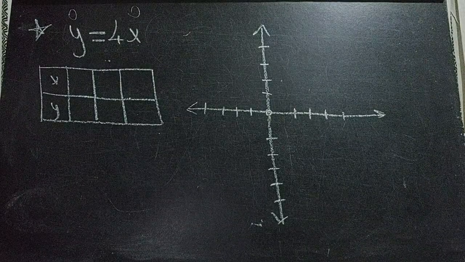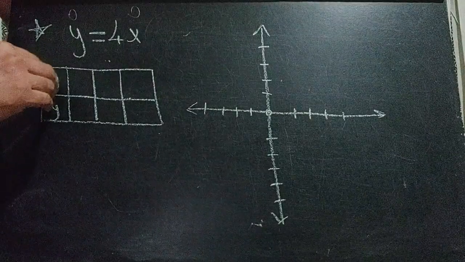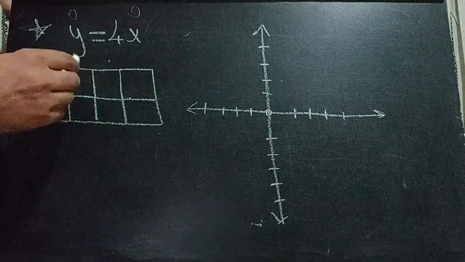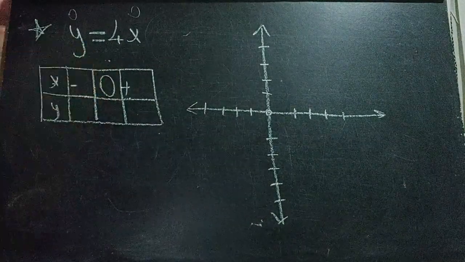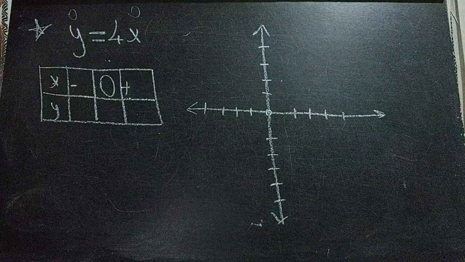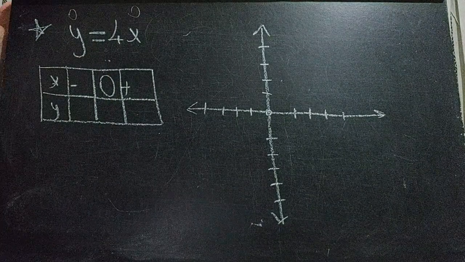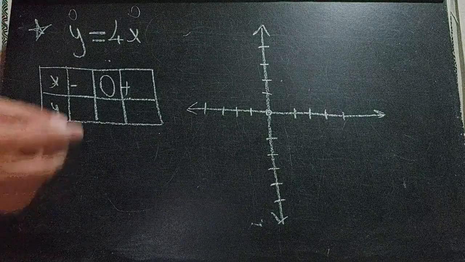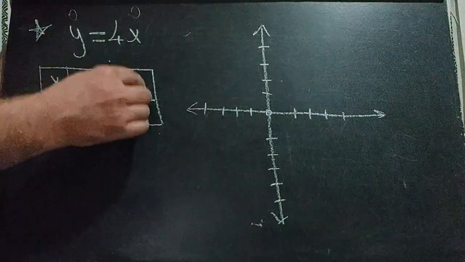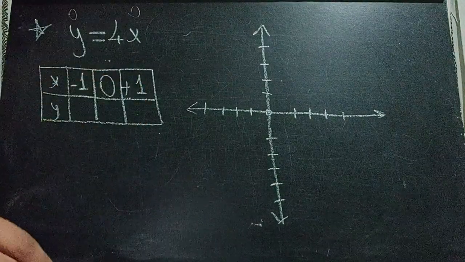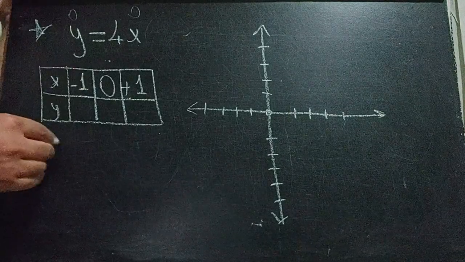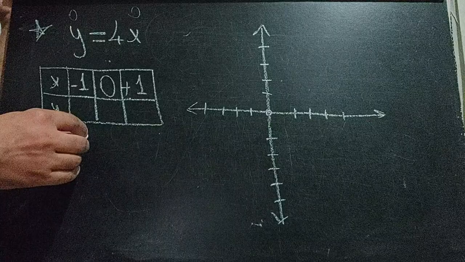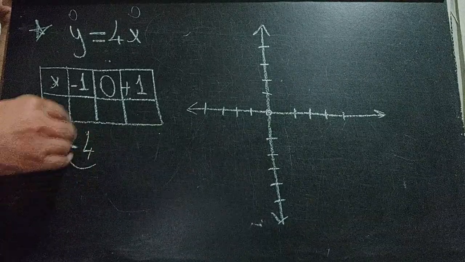Okay, so now it is up to you to give any value from negative and positive, and this is 0, of course. Now I'm going to use 1 and negative 1 for this question too. It is going to be easy for me. So now, if x is negative 1, y is going to be 4 times negative 1, which is going to be negative 4, isn't it?